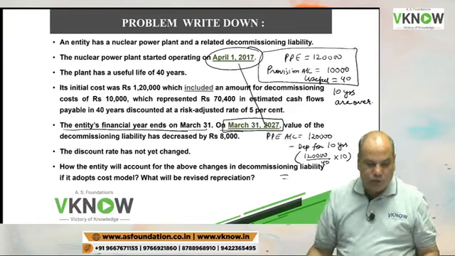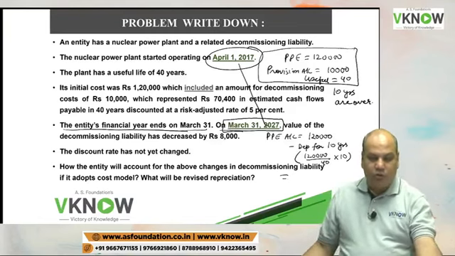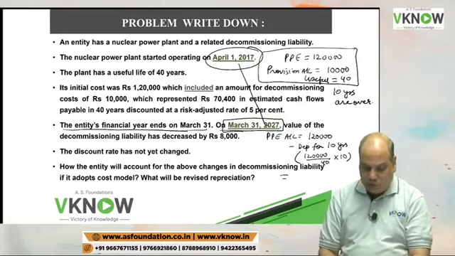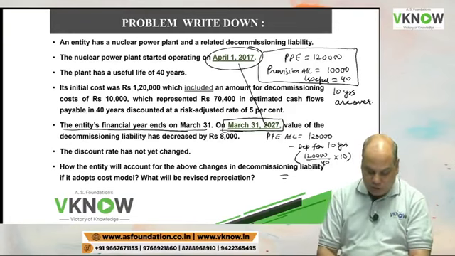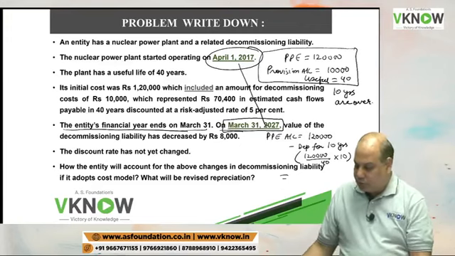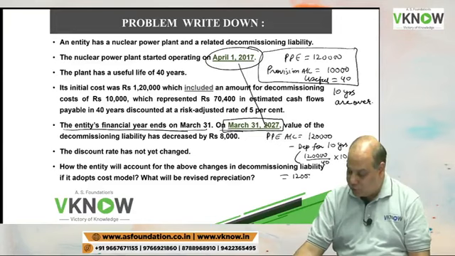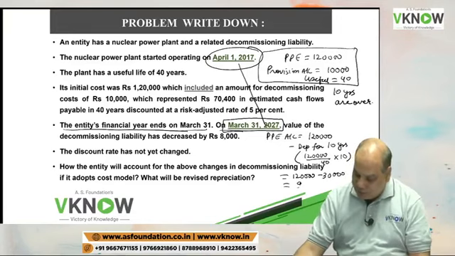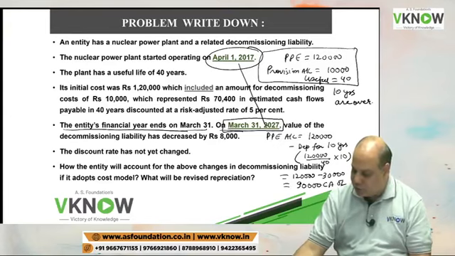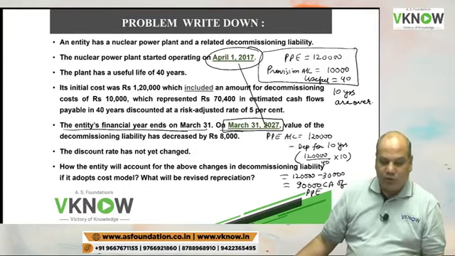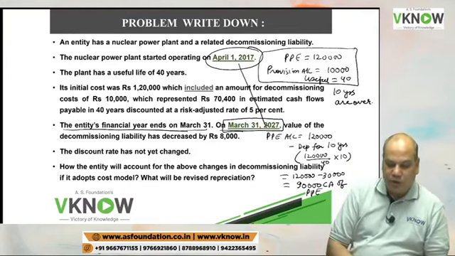Anybody who would like to tell me, then you can understand. 1,20,000 divided by 40 into 10 is equal to 30,000 rupees. So 1,20,000 minus 30,000 will be 90,000 rupees, the carrying amount of PPE.